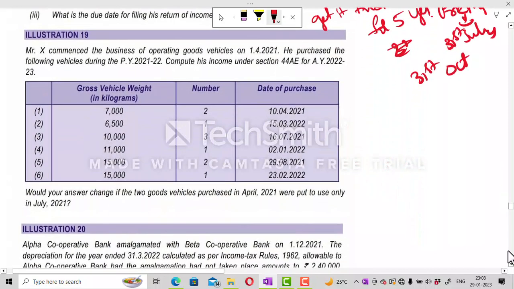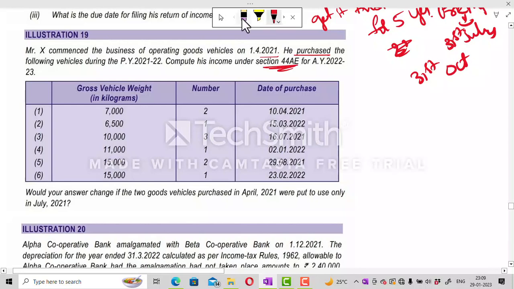Okay, next, the 19th question. See, learn, observe keenly, have good clarity on this. Mr. X commenced the business of operating goods vehicles on 1/4/21. He purchased the following vehicles during the previous year 21-22. Compute his income under section 44AE.